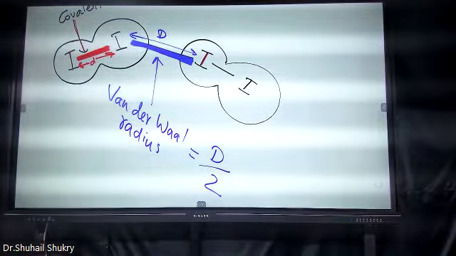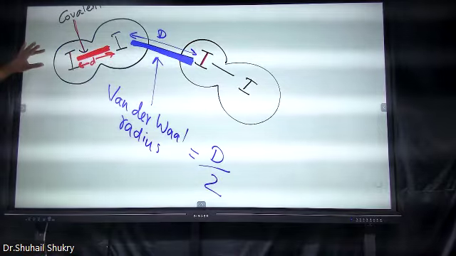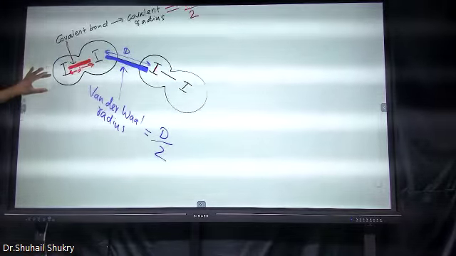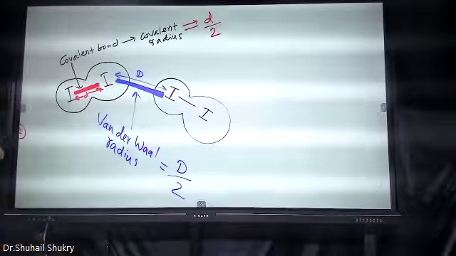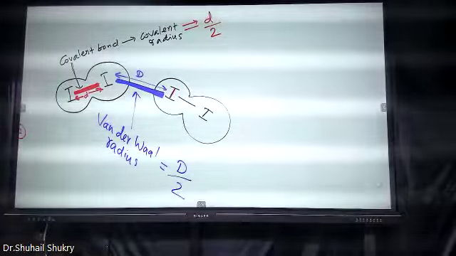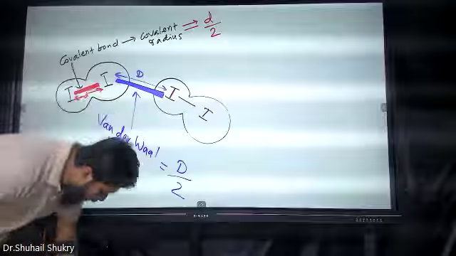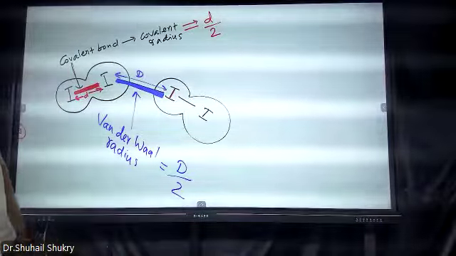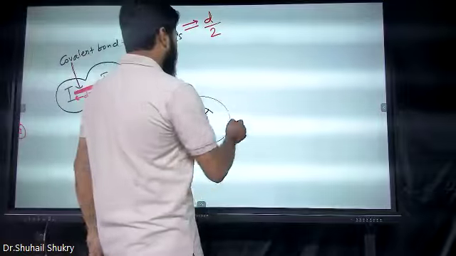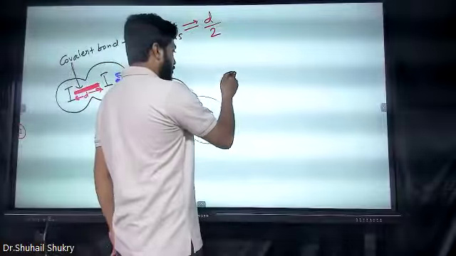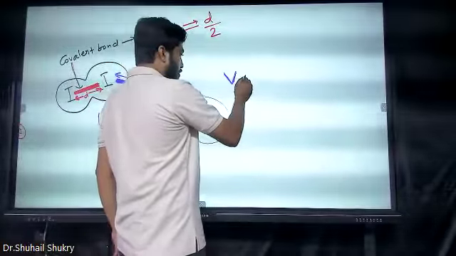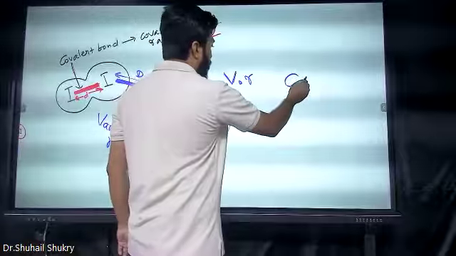So did you understand what the covalent radius and the van der Waals radius are? Which radius is bigger, the van der Waals radius or the covalent radius?